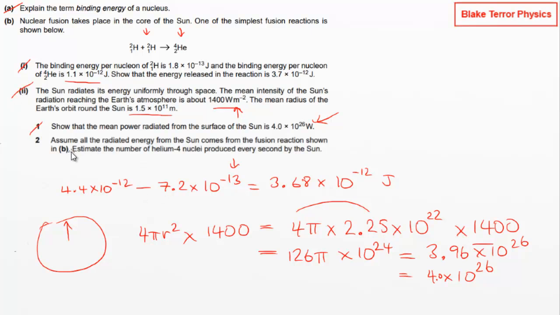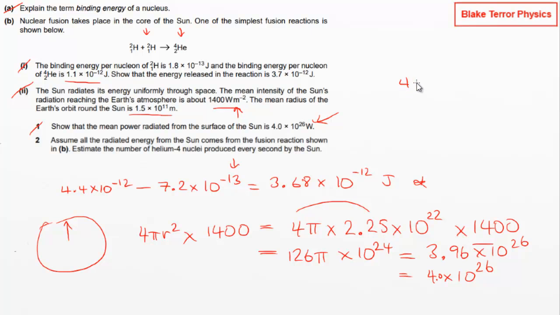Right, assume all the radiated energy from the sun comes from the fusion reaction shown in B. Estimate the number of helium 4 nuclei produced every second by the sun. We've got the number of joules per second, so we need to divide by the number of joules per reaction in order to get the number of reactions. So we're just dividing through by this number here.